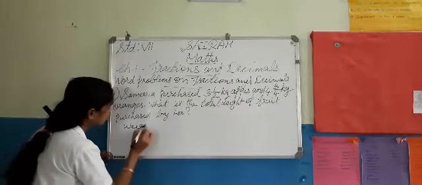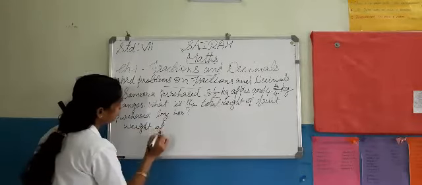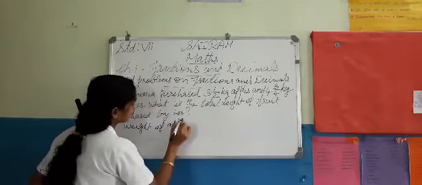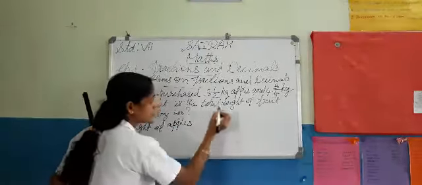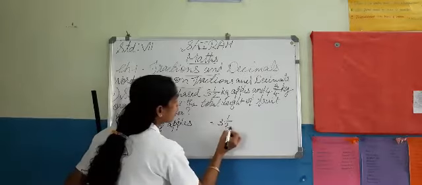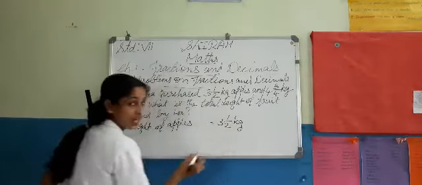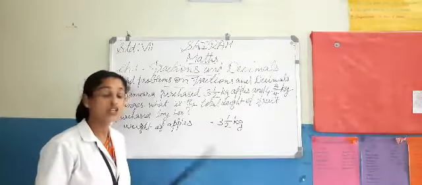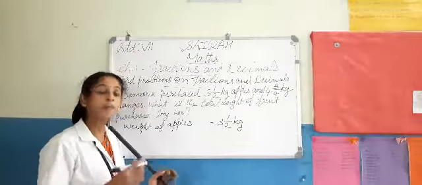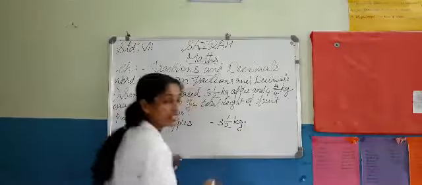Weight of apples purchased by Samira is 3 1/2 kilogram. Here 3 1/2 is a mixed fraction, so convert it into an improper fraction. Then what do we get here?